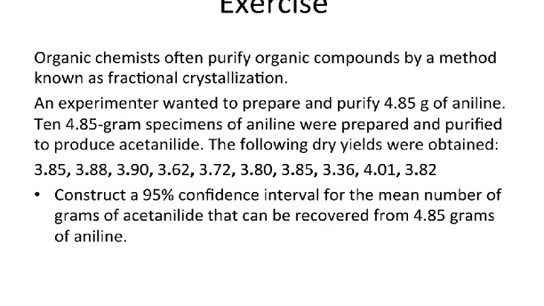Okay, so this is another example here. We have a method known as fractional crystallization that is used to purify organic compounds. So we have an experiment, and they take 10 specimens to be prepared and to produce the substance here.